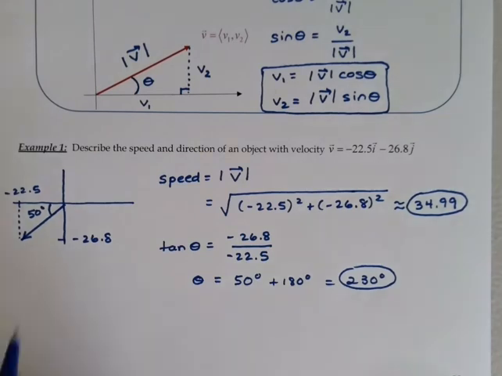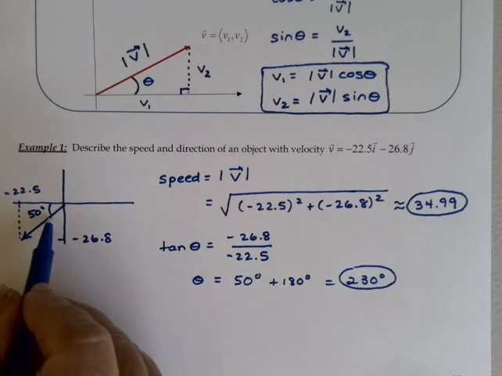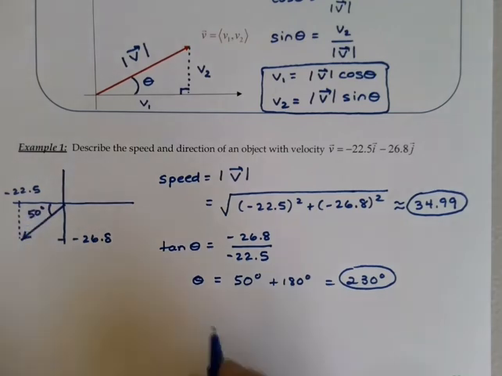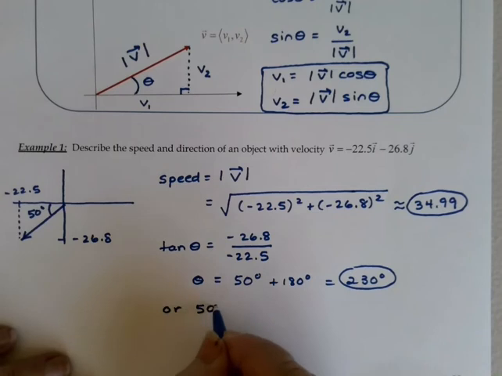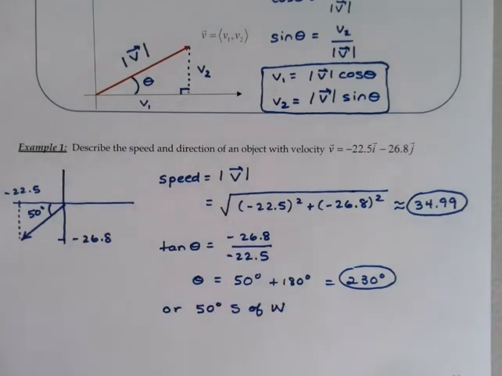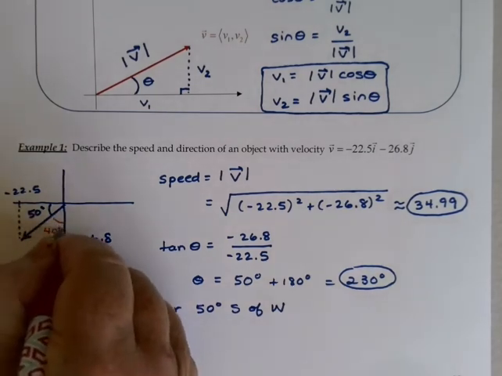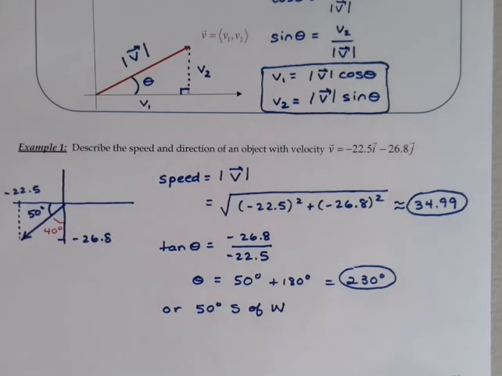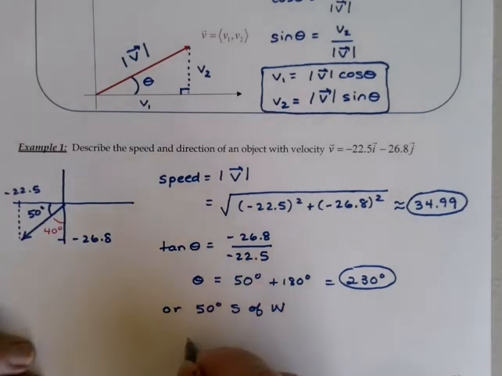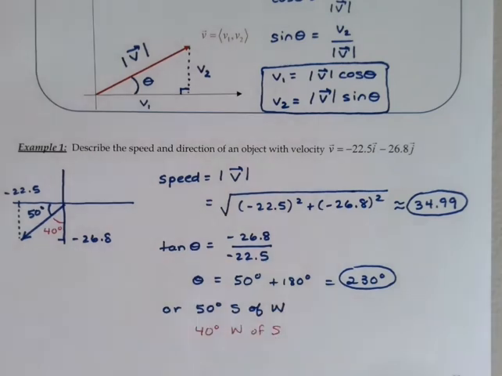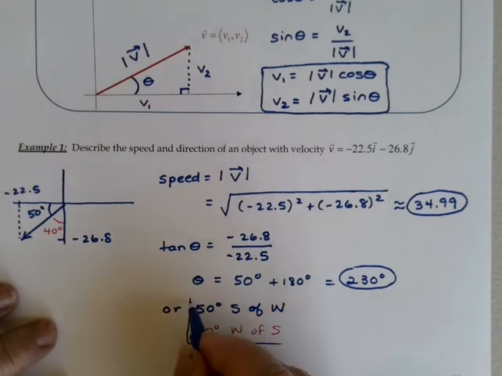The other option would be to describe this, for example, as 50 degrees south of west. Or alternatively, this would have to be a 40-degree angle, so I could go with 40 degrees west of south. Any of those would be acceptable answers for direction.